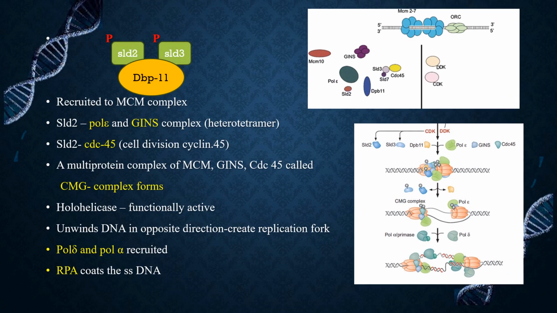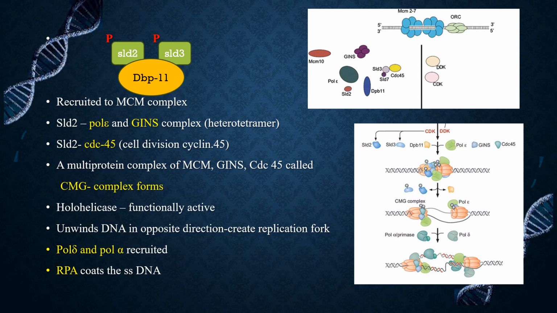The phosphorylated SLD2 and SLD3 associate with DPB11 and form a scaffold structure, which is recruited to the MCM complex. SLD3 recruits CDC45, cell division cycle 45, and SLD2 recruits Pol epsilon and the GINS complex.